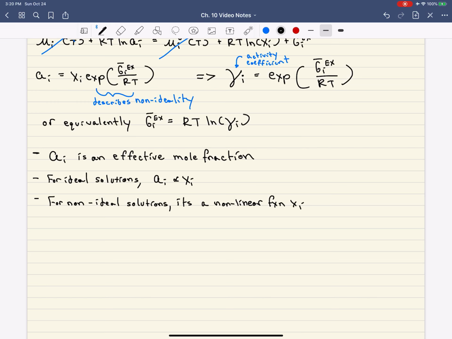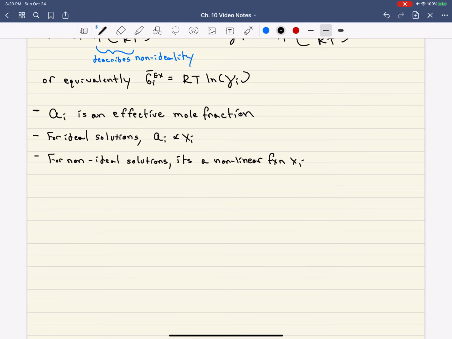And then this activity coefficient, gamma sub i, is just a parameter that quantifies how non-ideal the mixture is.